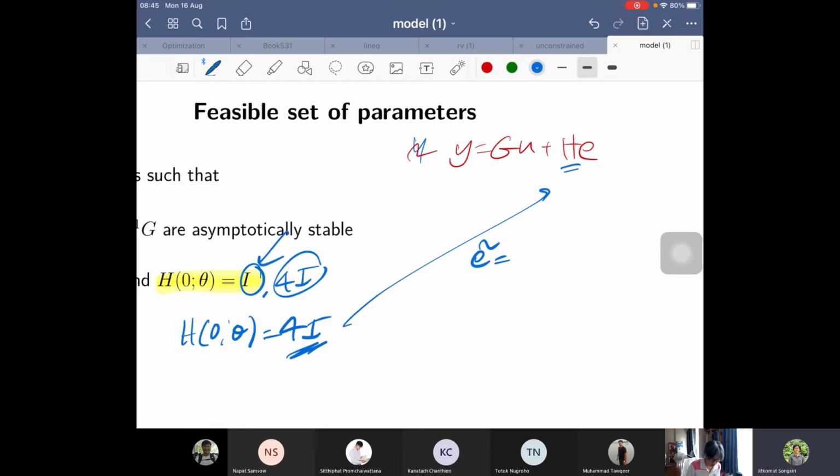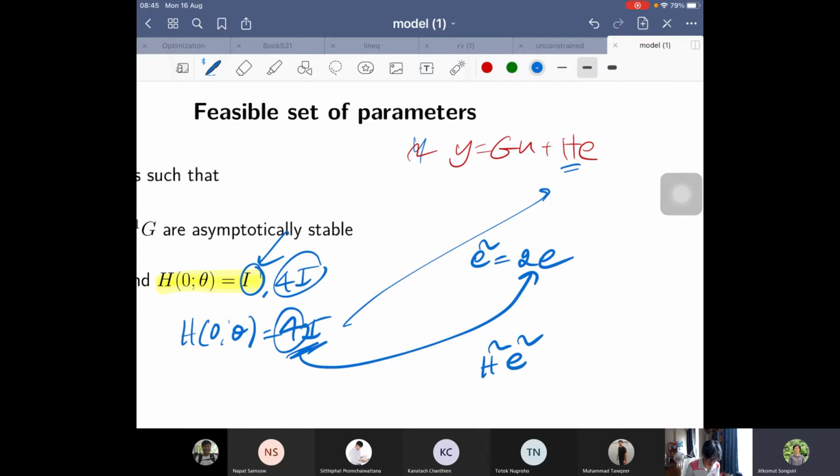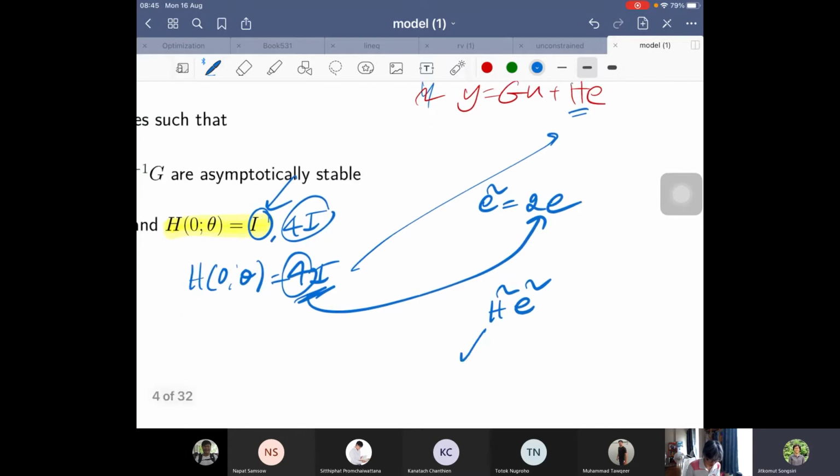You can define e tilde as 2 of e, so these 4 can be factored into a scaling factor too. And then you will get H tilde, e tilde. Now your H tilde becomes I. So you can normalize in this way as you want.